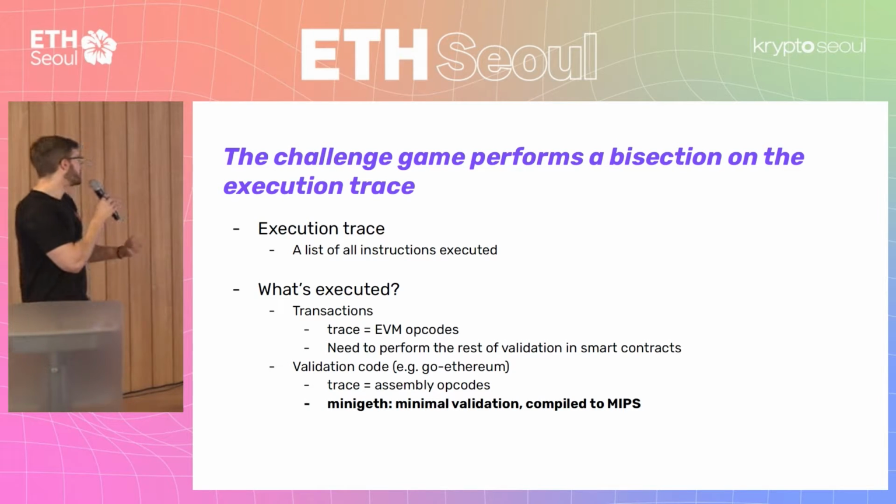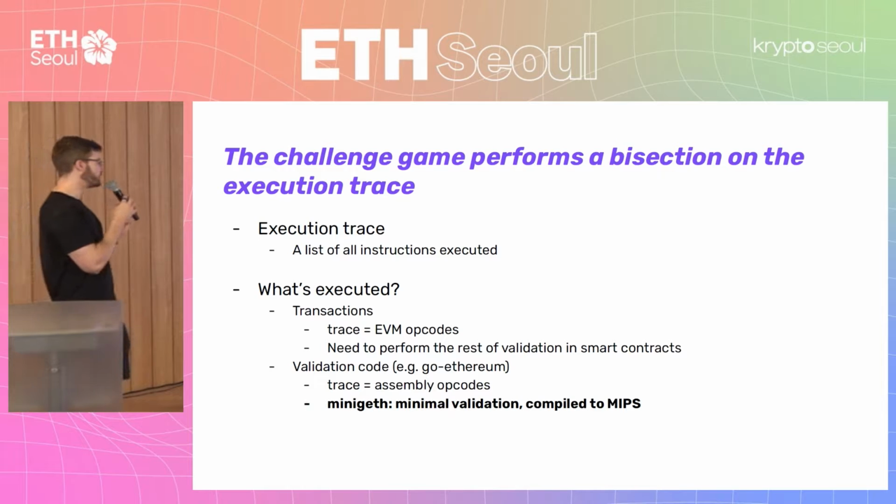But what's being executed? There's two ways to do it. You can think of EVM execution, then your trace is a bunch of EVM opcodes. But validating a block is more than just executing transactions. And so if we go this way, where our trace is EVM opcodes, we need to do the rest of the block validations in specialized EVM contracts that we have to write.